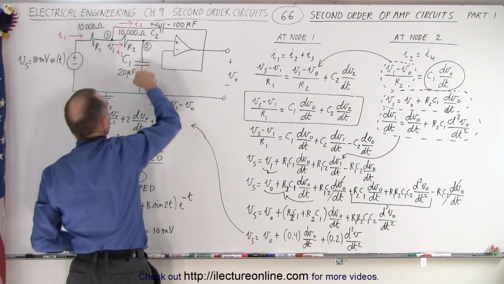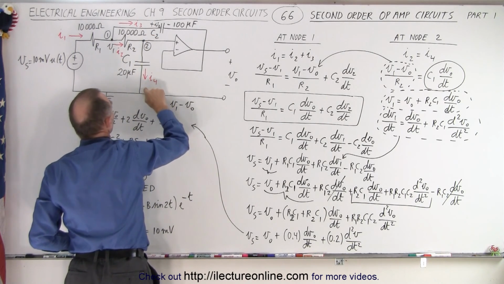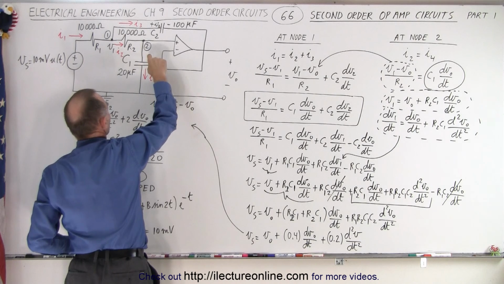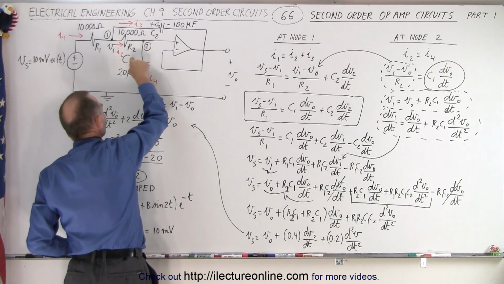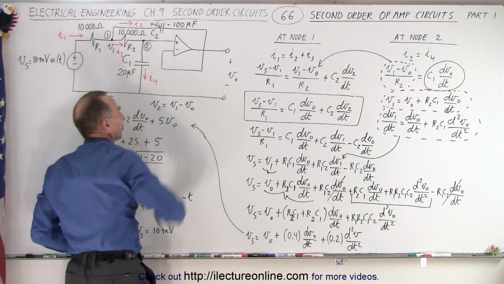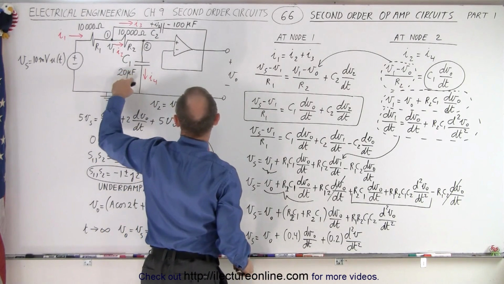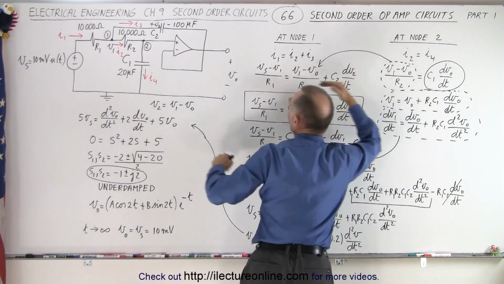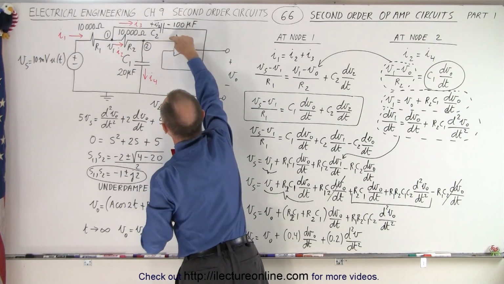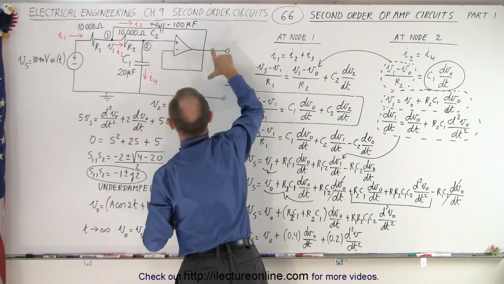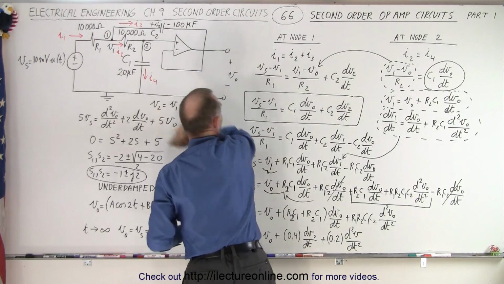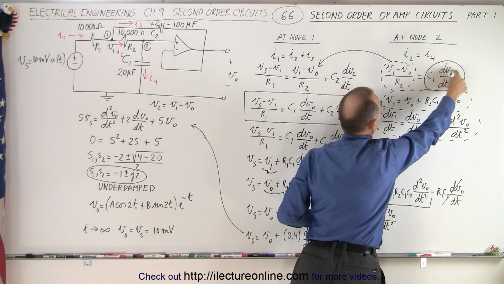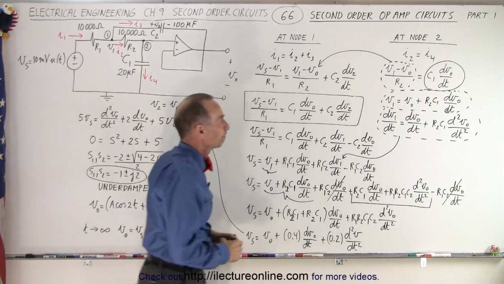The current through the capacitor is the capacitance times the change of the voltage with respect to time. Remember that this voltage is essentially the output voltage, so it's the output voltage down to ground, and that would then be the change in the output voltage with respect to time.